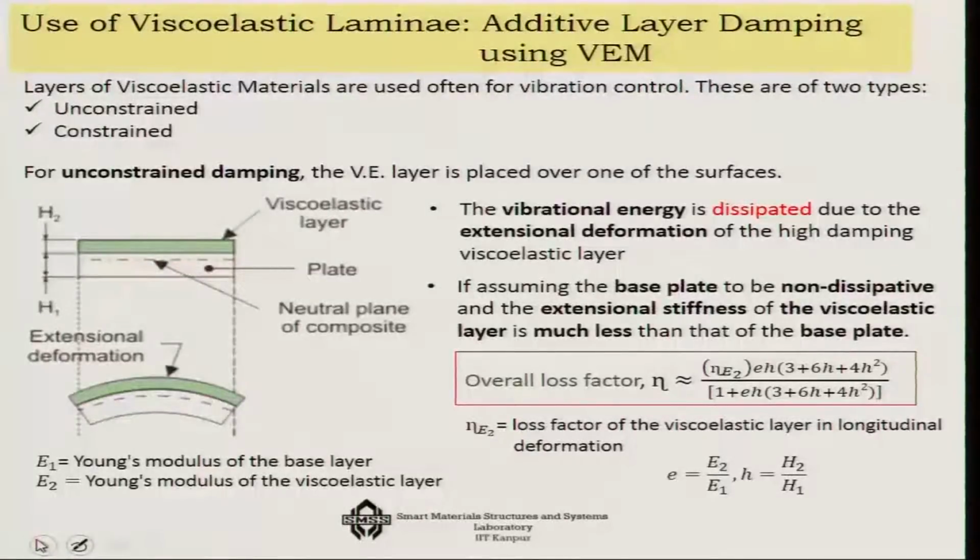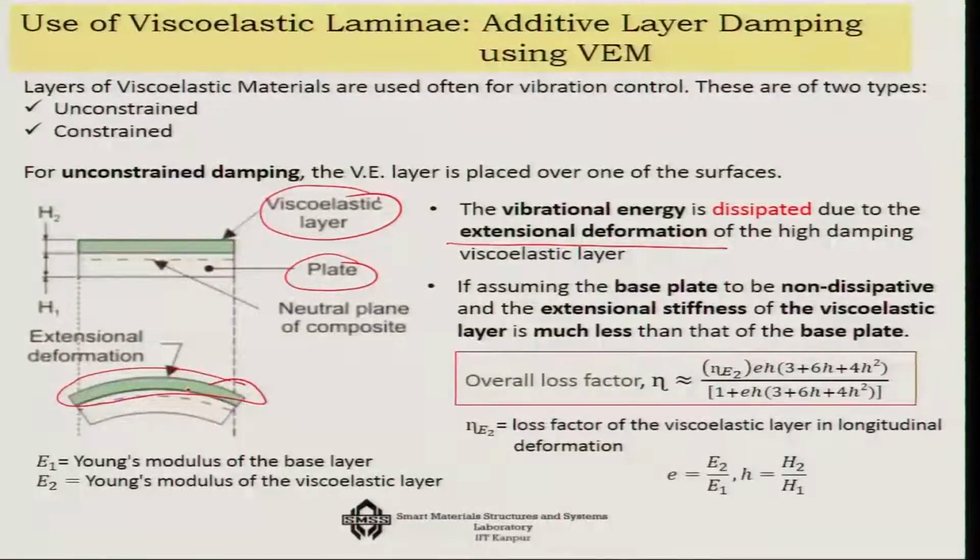One is, as I told you, the unconstrained viscoelastic material, and the other one is the constrained viscoelastic material. So, these are all damping layer types. For unconstrained viscoelastic material, say for example, you have a plate and a viscoelastic material completely unconstrained, free to deform. In this case, the energy is generally dissipated due to the extensional deformation of this viscoelastic material.